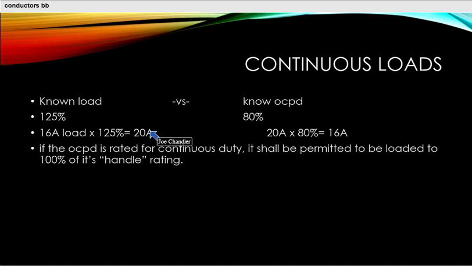So that's why the code says, whenever you put that continuous load on this overcurrent device, you can't load it all the way up to there. You can only load it up to a certain point. So that's why they tell us on this side that if I know what my load is, it's given to me, I'm going to take that load and do just like the code said, and those numbers are in there, 125%.